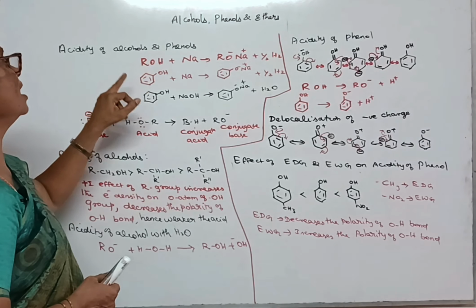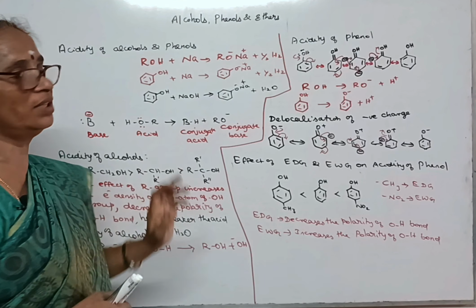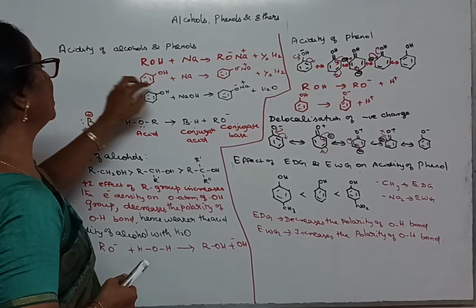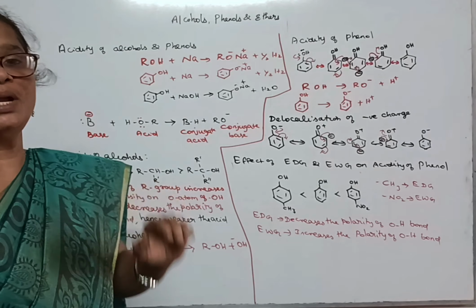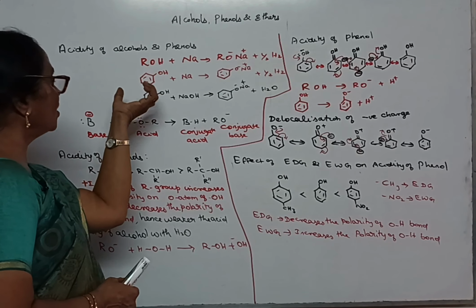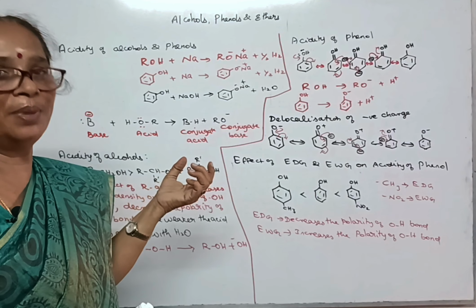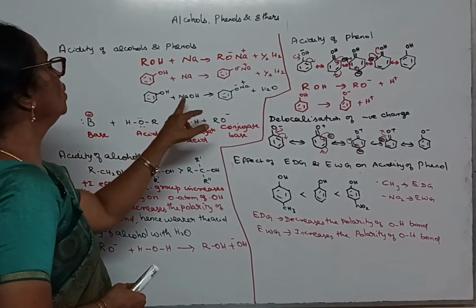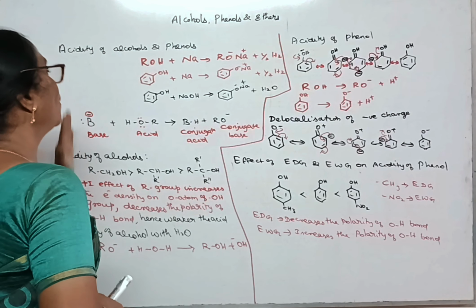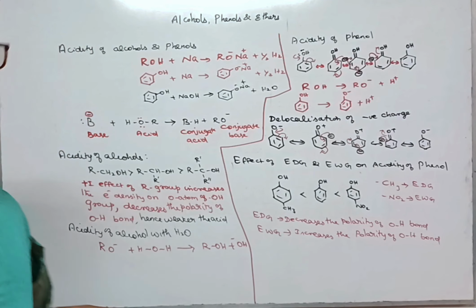As alcohol and phenol both lose their hydrogen upon reaction with sodium metal, that confirms the hydrogen of the OH group is acidic in nature. In addition, phenol also reacts with sodium hydroxide, but alcohols do not. So let us see why the difference in acidity of alcohol and phenol is observed.